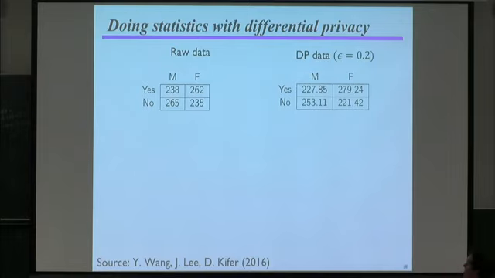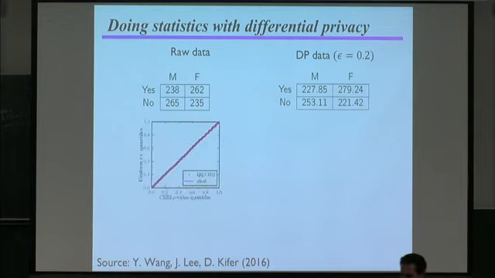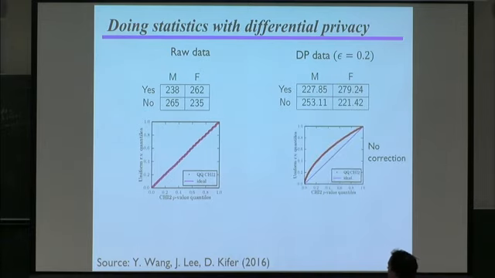I might get very different looking results if I treat the differentially private outputs, these noisy outputs, as if they were the real things. Okay. No one in this room would do that.